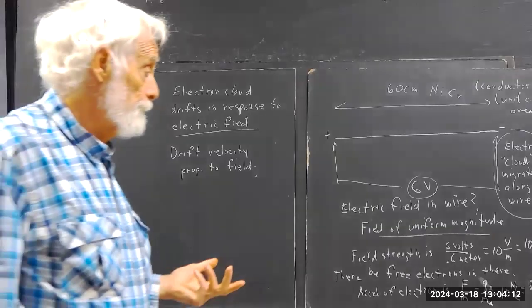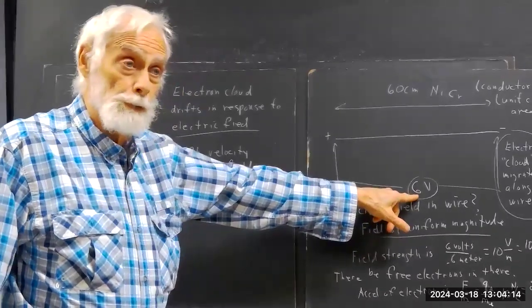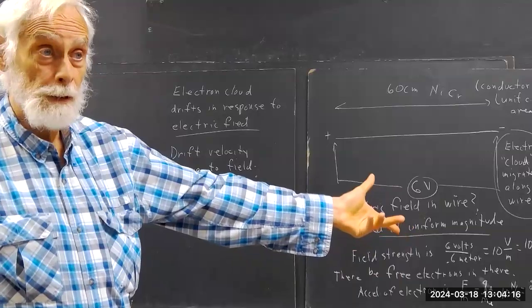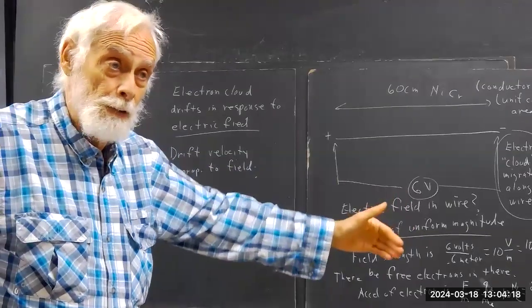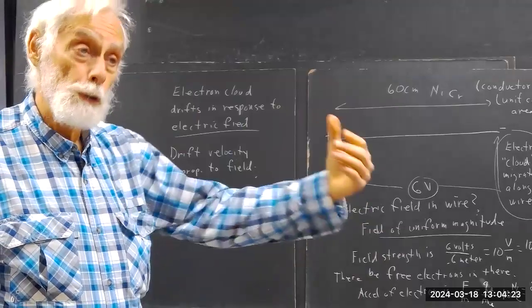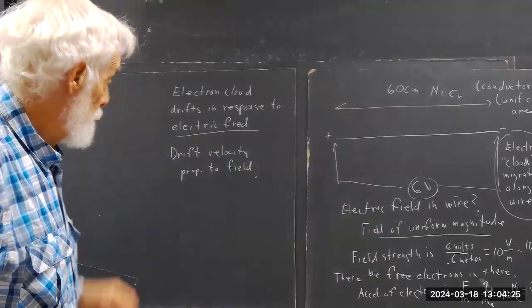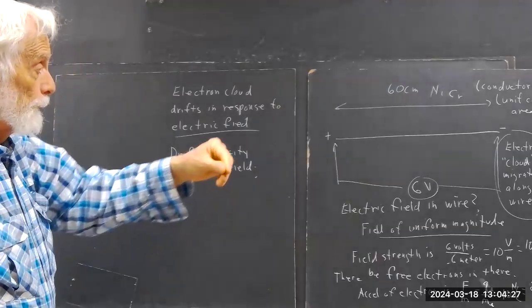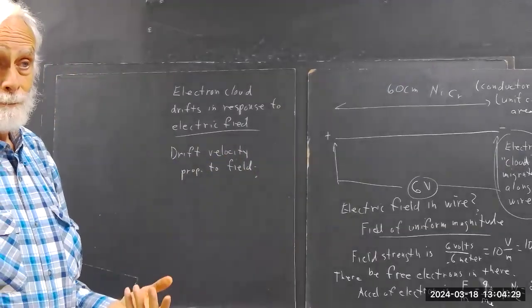This means if we went to 12 volts, we'd have twice the field, right? Instead of 10 volts per meter, we'd have 20 volts per meter, or 20 newtons per coulomb. And we get twice the drift or twice the current.